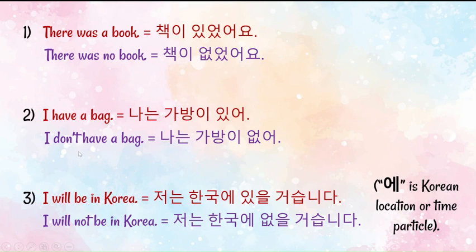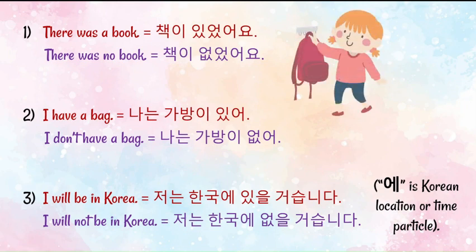I have to say I have a bag in Korean. So how am I going to say that? 나는 가방이 있어. Here I have written this sentence in the casual form and in the present tense. Okay. Next, if I have to say this sentence in negative form, it will be I don't have a bag.